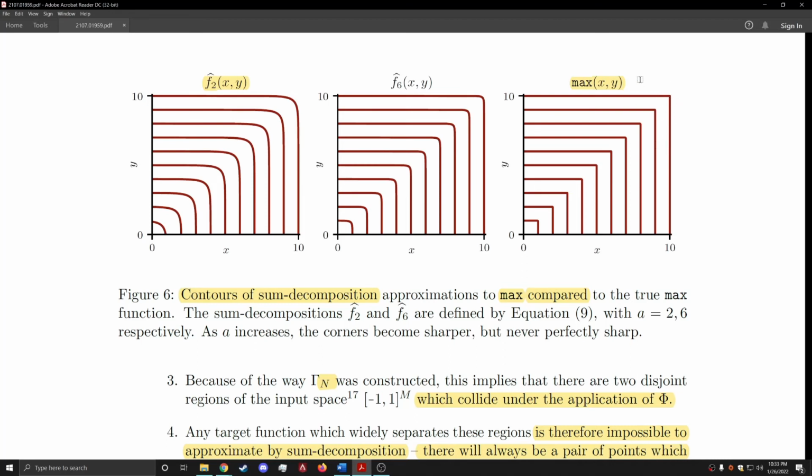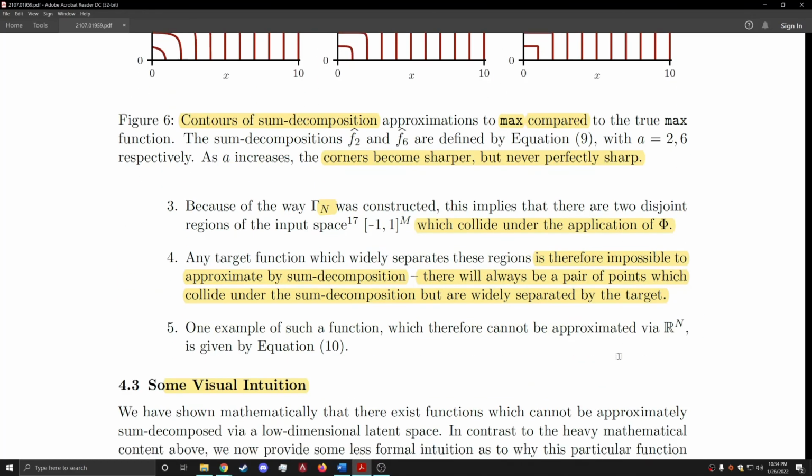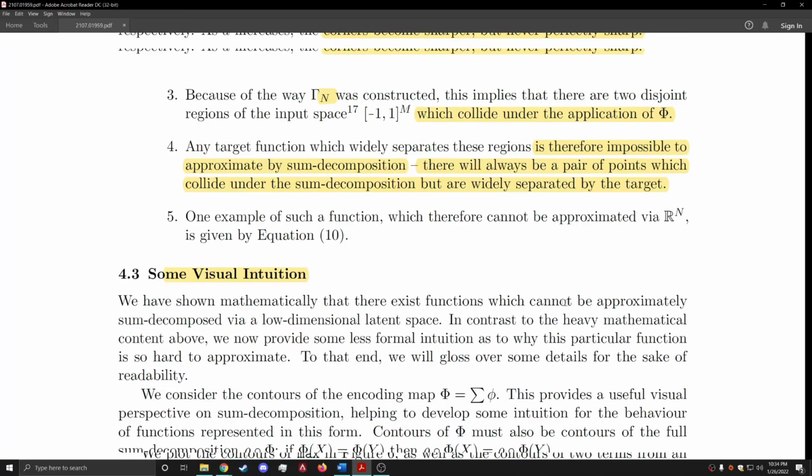These 90-degree turns that it makes. And the functions, being continuous, are just not allowed to do this. As your k increases, as you get better and better at what you do, it will become sharper, but will never be perfectly sharp like the max. So you can approximate it, but you can never represent it. So it's very hard to represent, but somewhat easy to actually approximate.